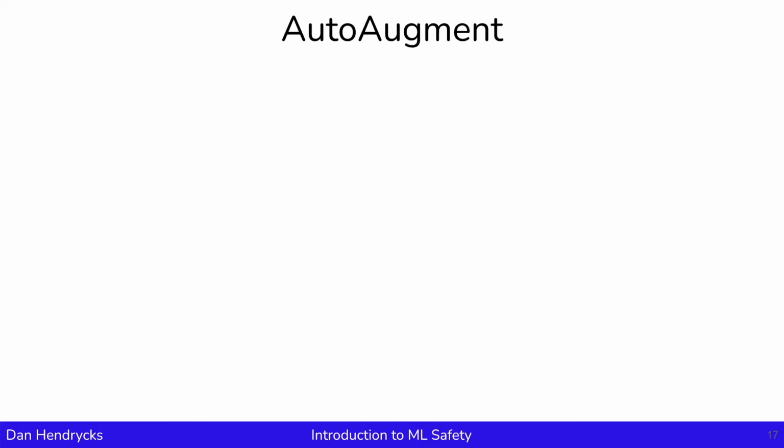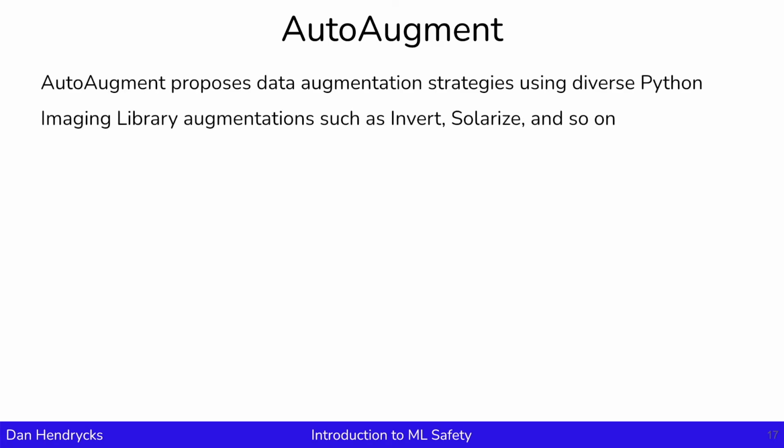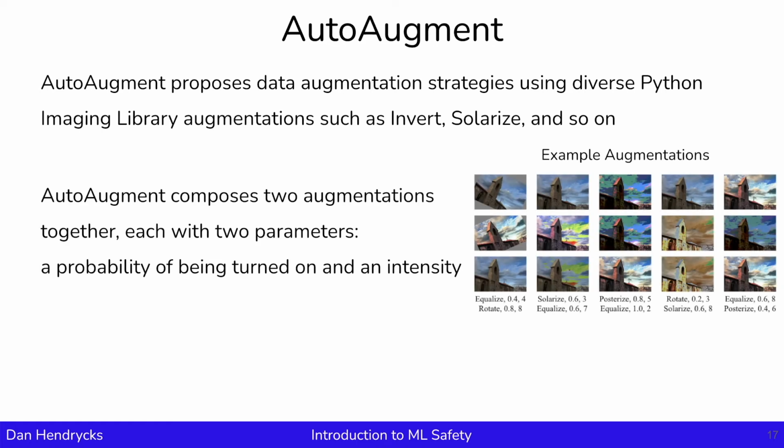Another data augmentation technique that improves robustness is AutoAugment. AutoAugment proposes data augmentation strategies using Python imaging library augmentations such as invert, solarize, rotate, translate, and so on. AutoAugment composes two augmentations together, and each augmentation has two parameters.